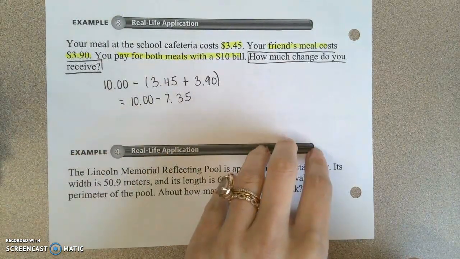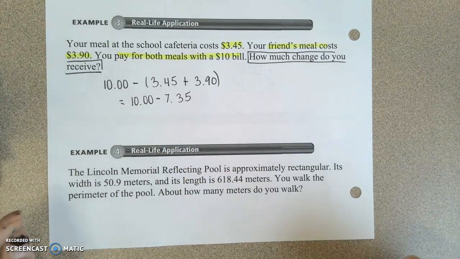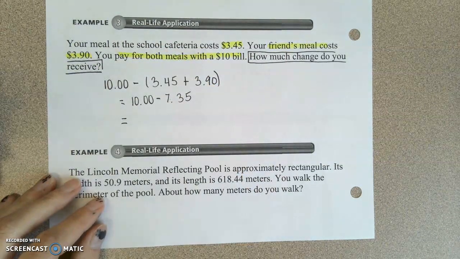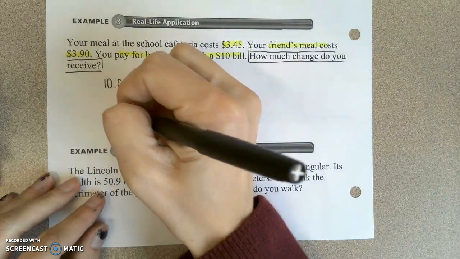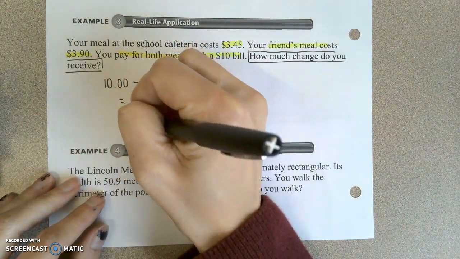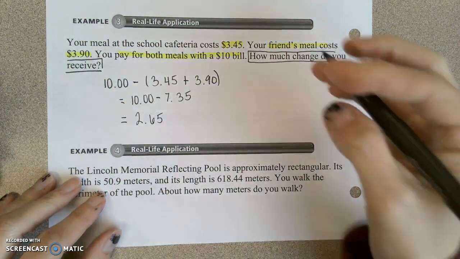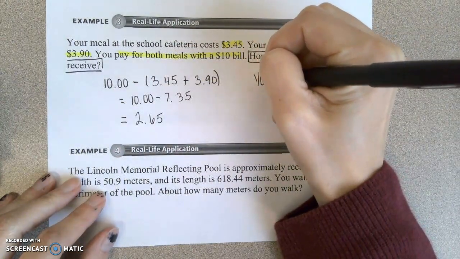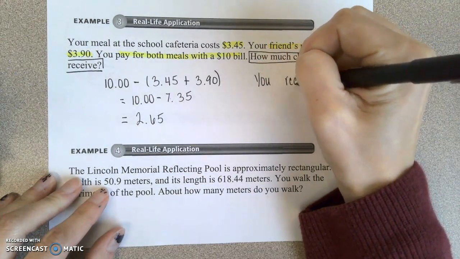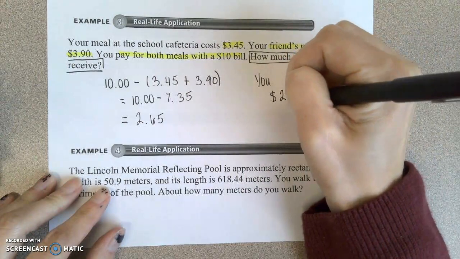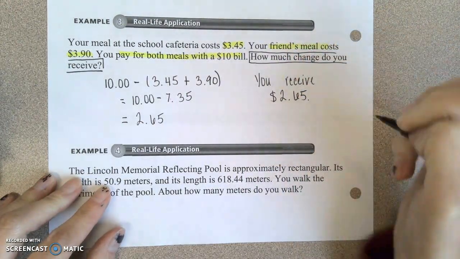Again, you can do some scratch work to the side and take the $7.35 away from the $10. So we're left with $2.65. How much change do you receive? We answer that in a complete sentence. You receive $2.65.